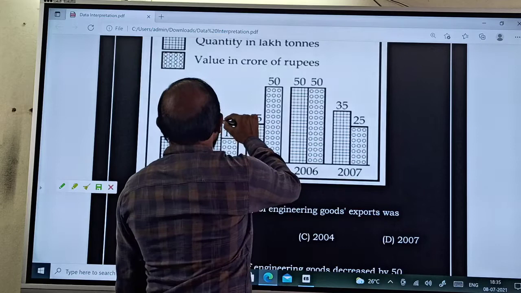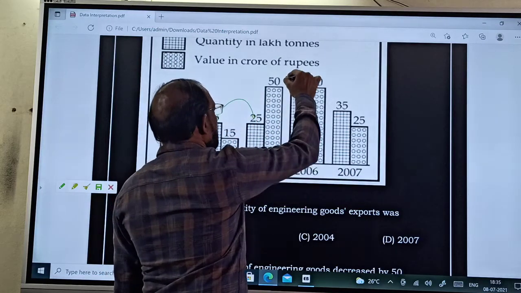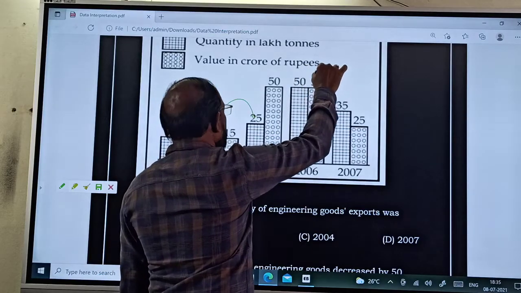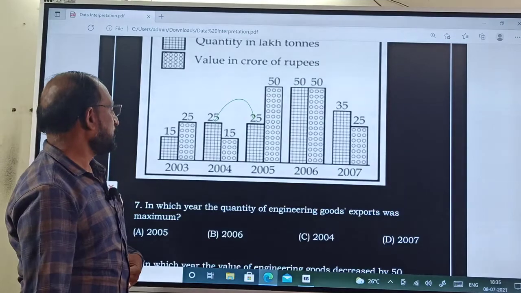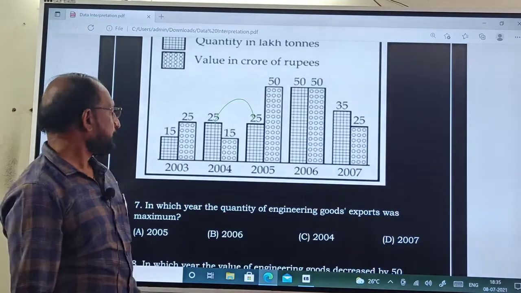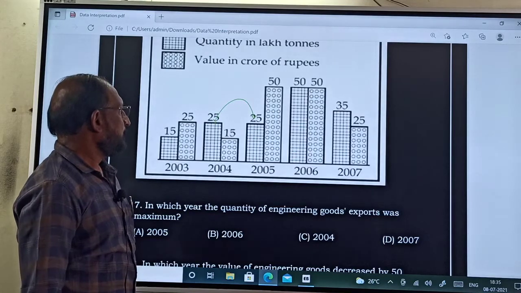Only quantity, yes. Here 25 to 25 is there, and here also. So 2004 to 2005, no increase. 2005 to 2006, 25 increase, 100% increase. That's it.